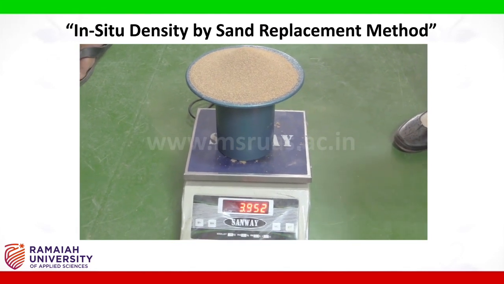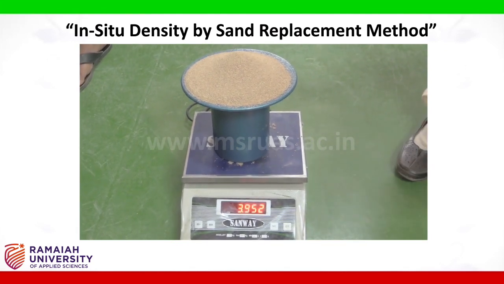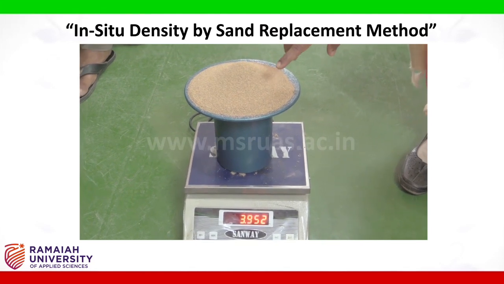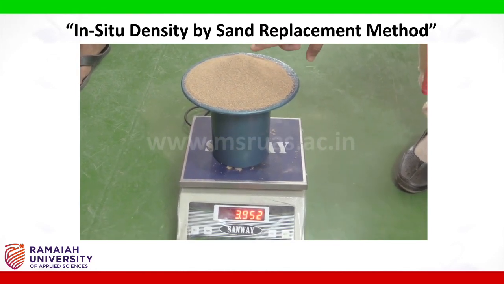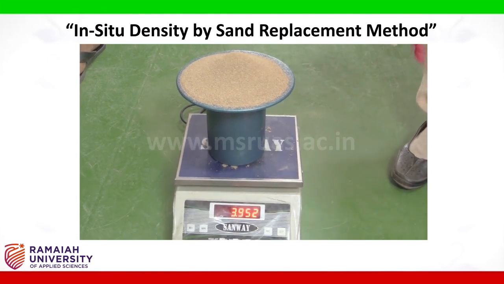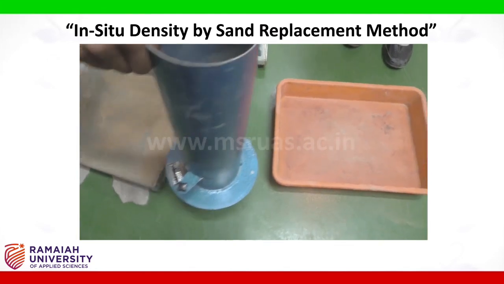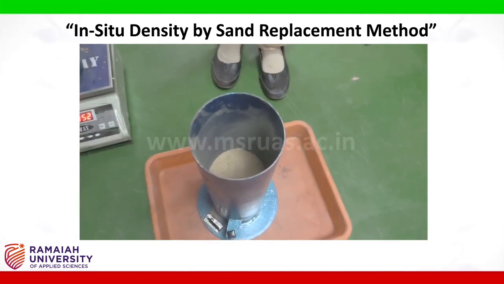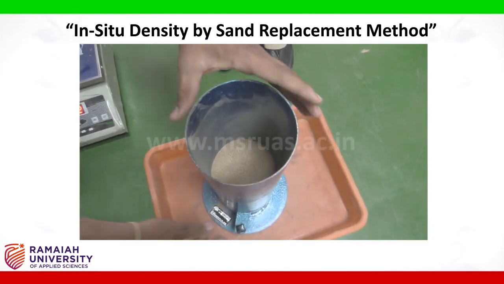Now, to find out the amount of sand which is filling only the calibrating container, we have to deduct the weight of the sand which is filling this conical portion. For that, we have to keep the sand pouring cylinder in the tray and open the valve again.